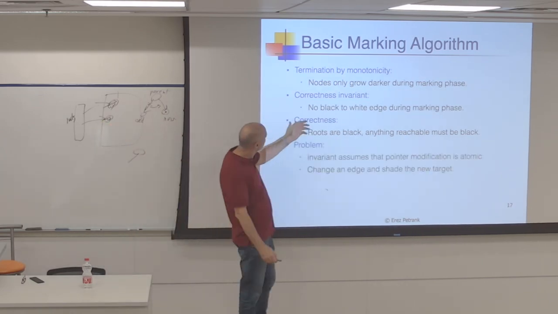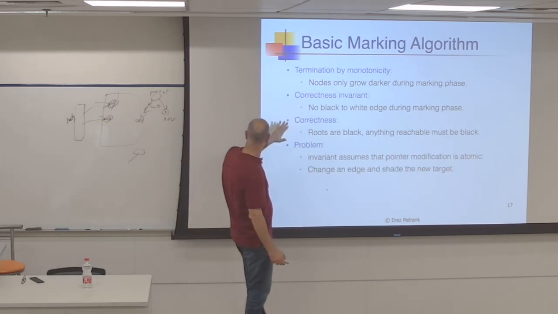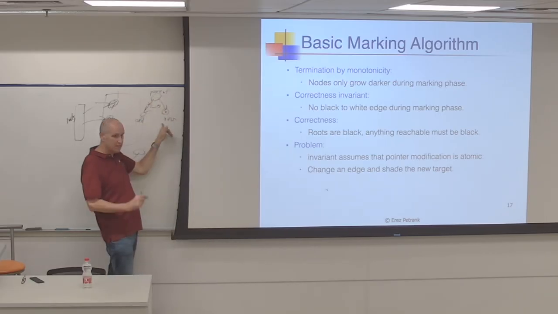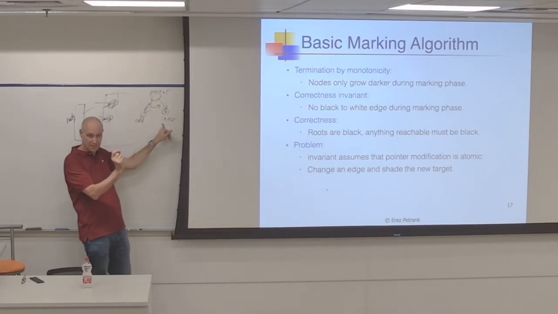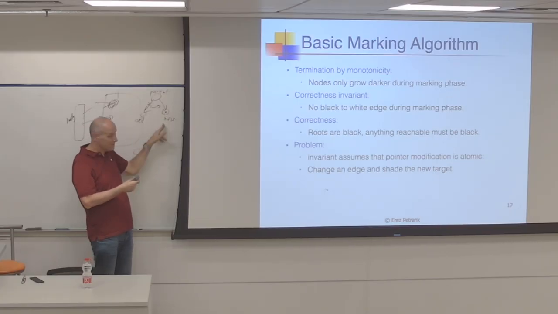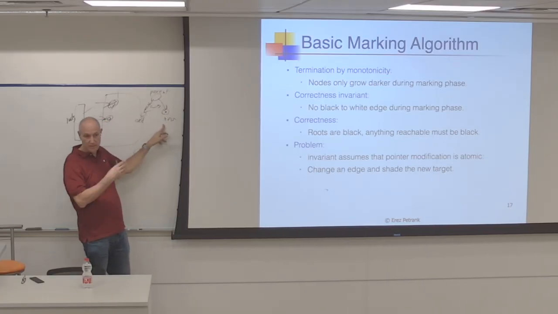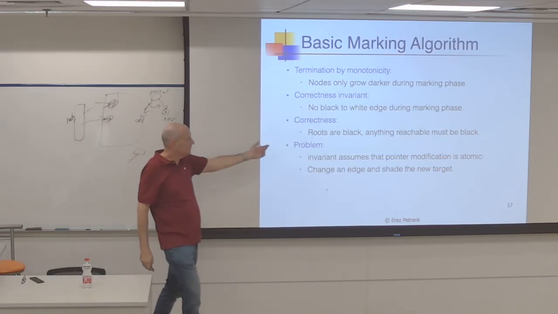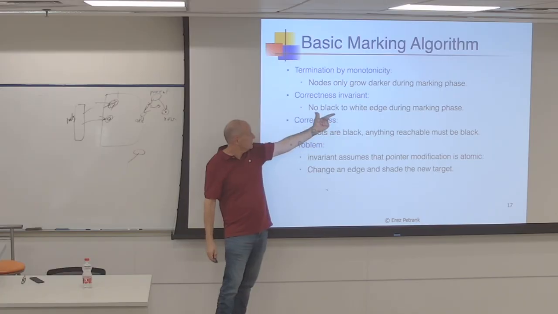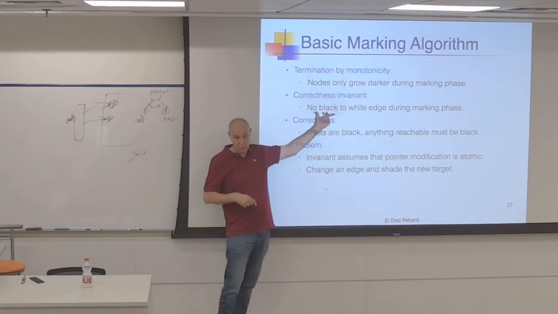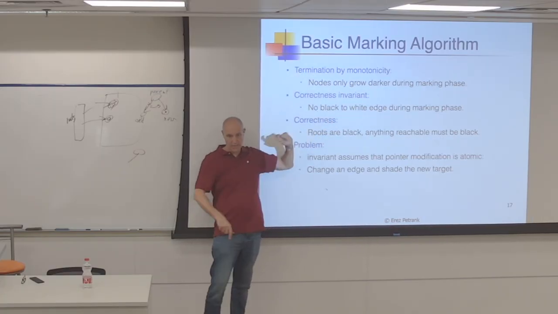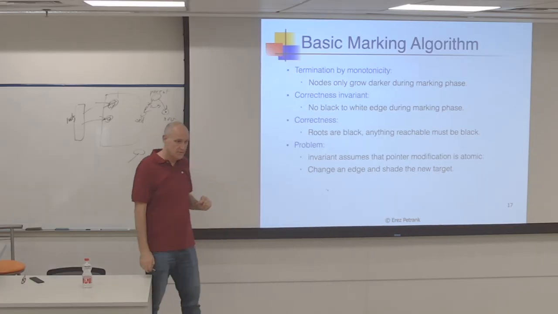If we do this change and shade atomically without looking in the middle, this will be correct. But suppose we change it and then shade it. It is possible that after changing it and before shading it, I will not have this invariant. This invariant will not be correct between these two actions, between these two steps.